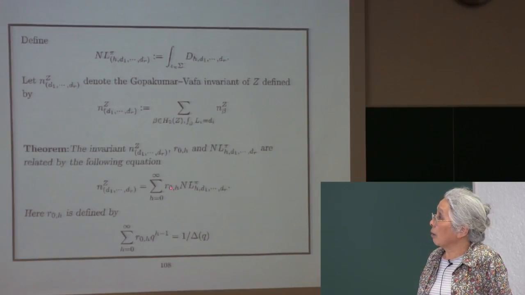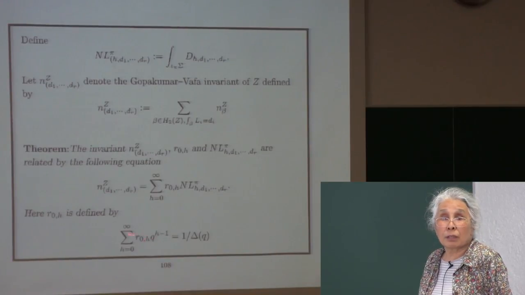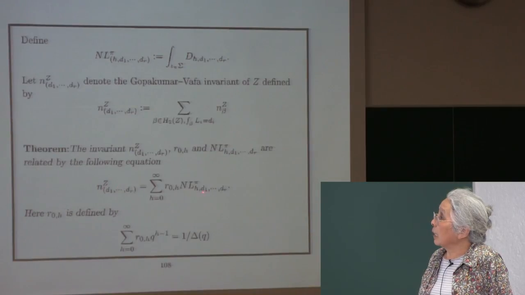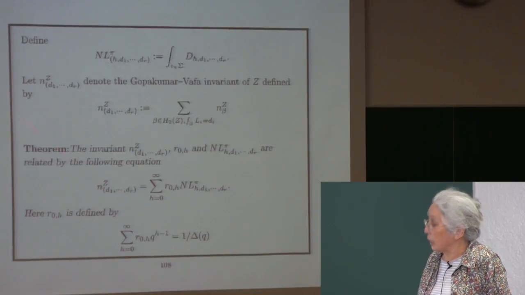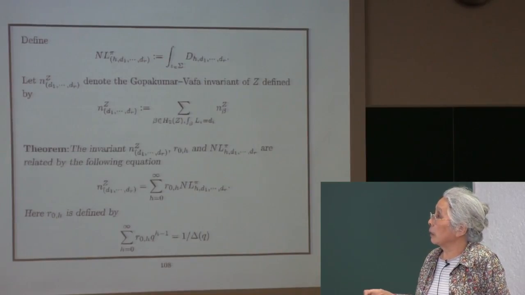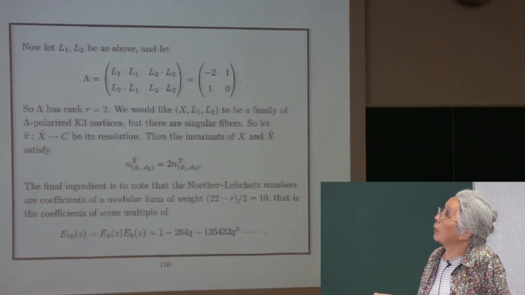What is r_{0,h}? This is a constant given by expanding 1 over delta of q into a power series; that's the coefficient. So this formula is the basis for our computation.